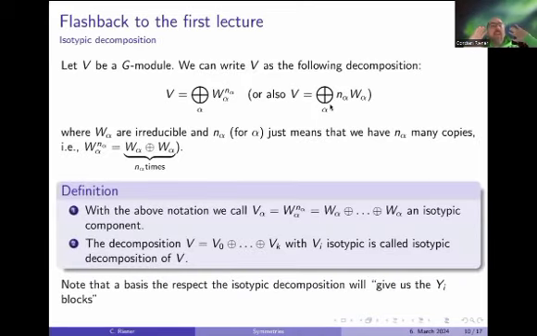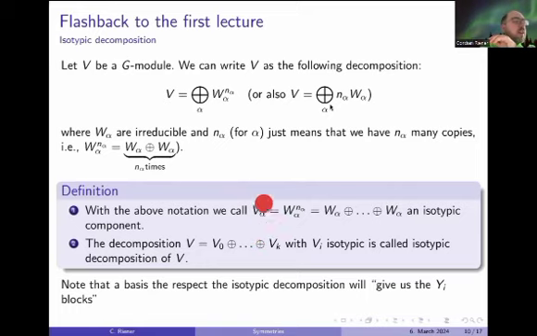Okay, let's again have a flashback to the first lecture. In the first lecture, I told you that every G module can be decomposed in what we called an isotypic decomposition. So the isotypic decomposition was a direct sum of my vector space into subvector spaces that I call V alpha.